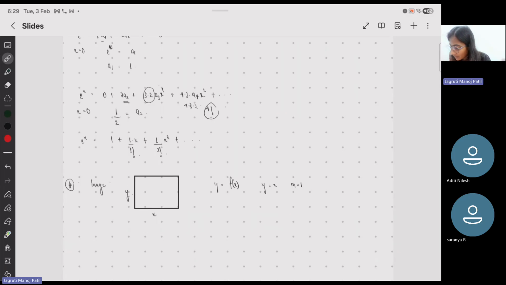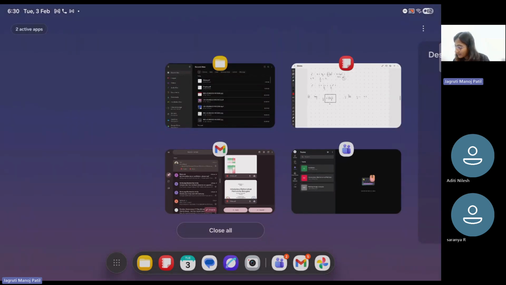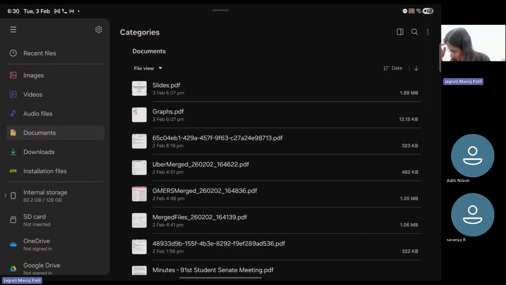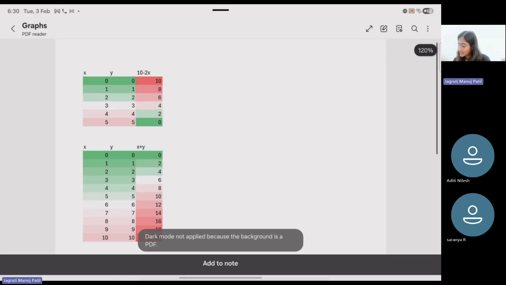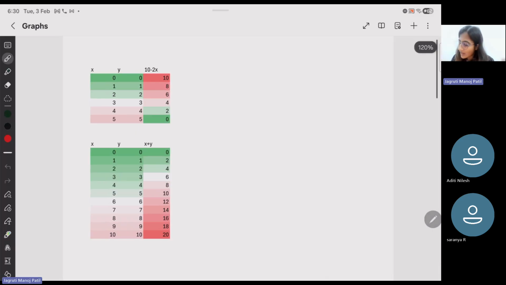Then whenever you have a function, an image, a 2D function, it can be represented as z of x comma y, right? You can write it like this. And basically in online class, there was an example that was given from the prof. Let me find it in Documents. Yeah. So one of the examples that was given was here, where you have z equals x times (10 minus 2x).